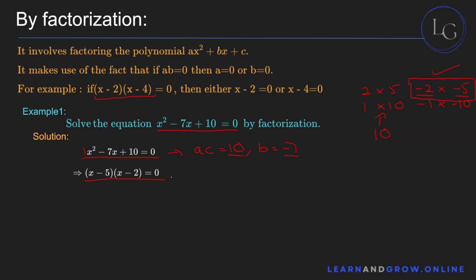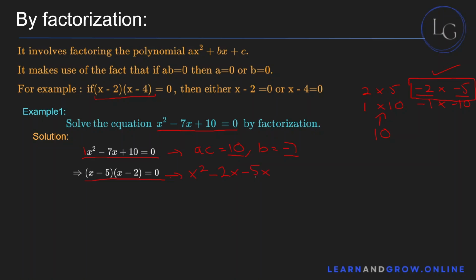So how do you get this? Well, as you remember, we have -2 and -5. So what you'll do here is you'll put the x² term as it is, and basically divide the -7 into -2 and -5. So it will become -2x and -5x.